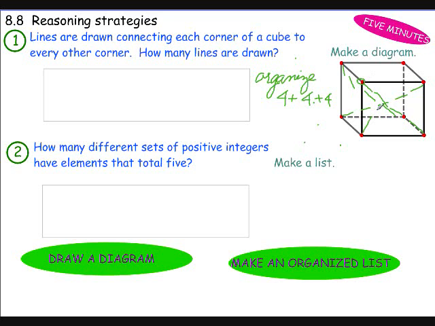And I could also be doing that here. So I actually found 4 more lines that would be diagonals, haven't I? Lines are drawn connecting each corner of a cube to every other corner. How many lines are drawn? So I think I've got another 4 that would be diagonals through the center of the cube.